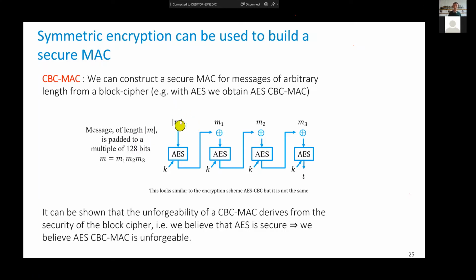I take the length of the message and I encrypt it using the key and using AES. This is a block of 128 bits, so AES applies to it, and I obtain a first ciphertext, C1, that is the encryption of the length of the message. Then I use this encryption to XOR with the first block of 128 bits of my message, and I encrypt it with AES and the same key.